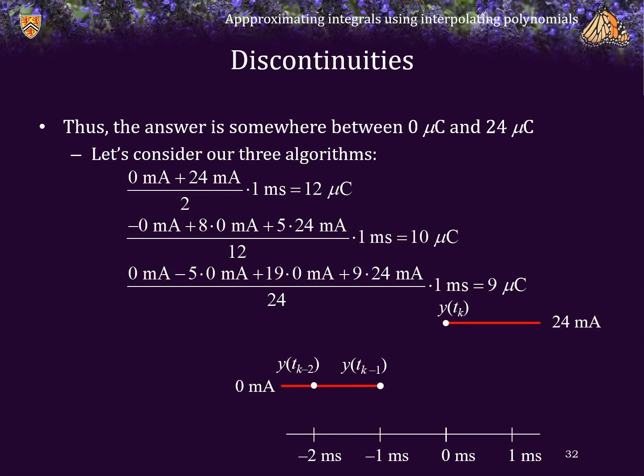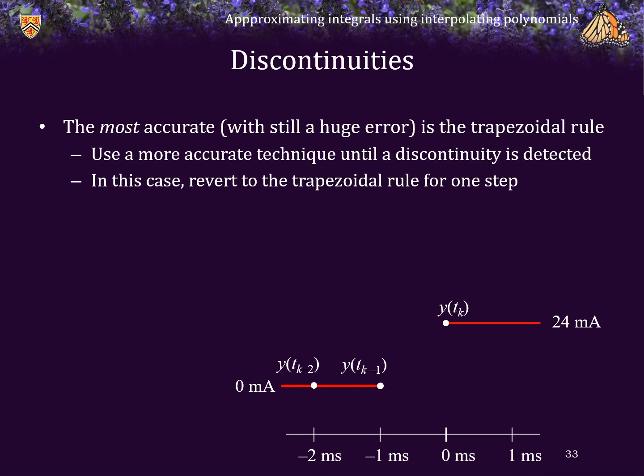So what this suggests is, if there's actually a discontinuity, our best bet is not the most accurate formula, but rather the trapezoidal rule. We still have a huge error here, but the trapezoidal rule gives us the best possible approximation.